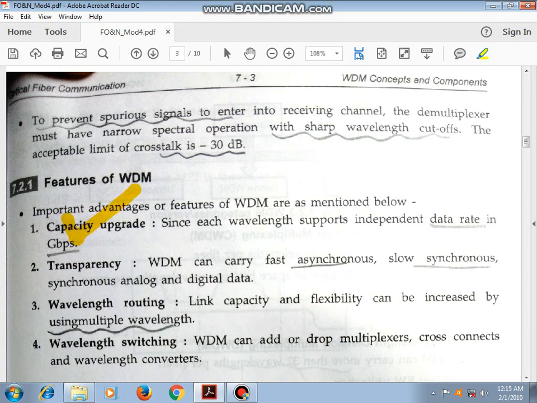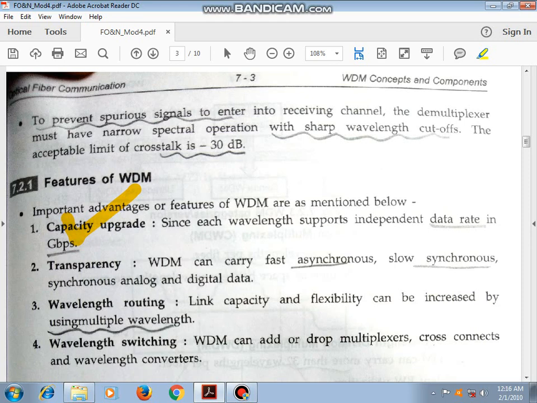Obviously we have seen that if we use only one transmitter for the transmissions through this optical fiber cable, then the complete bandwidth of this fiber will be wasted. So if you want to utilize the complete bandwidth of this optical fiber, you should use wavelength division multiplexing.